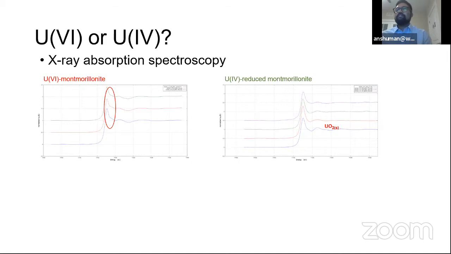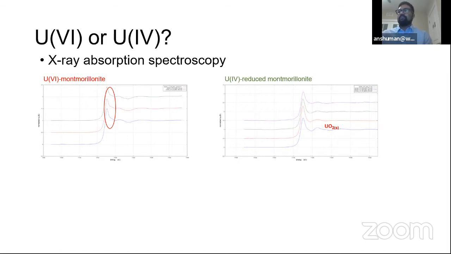And on the right-hand side, you can see uranium-4 adsorbed onto reduced Montmorillonite. Again, I'm not expecting any U6 in these samples because reduced Montmorillonite cannot oxidize U4 to U6. So these are the two standards.